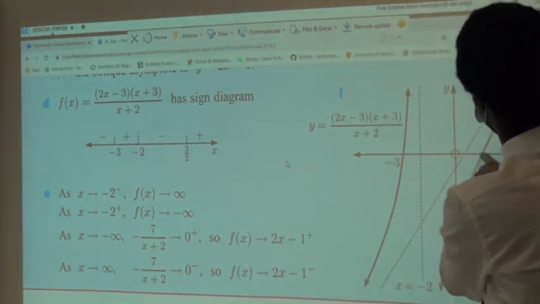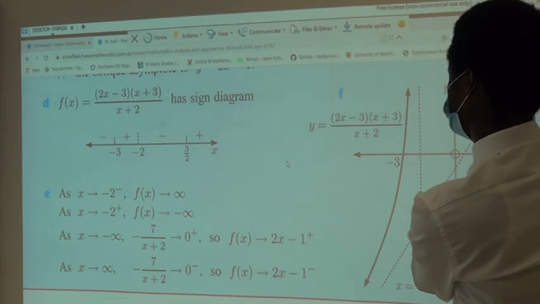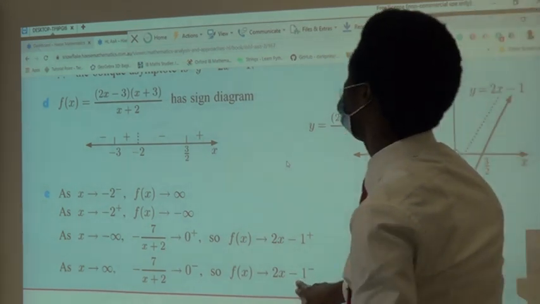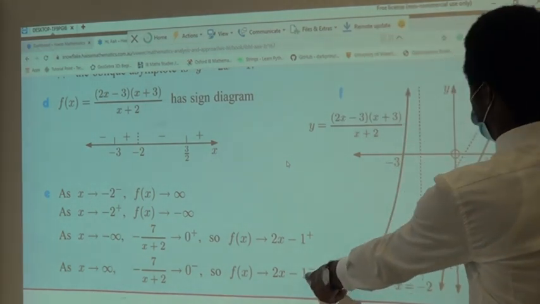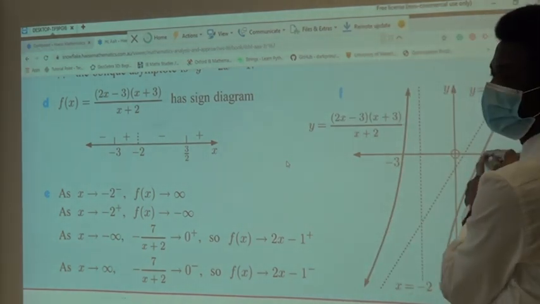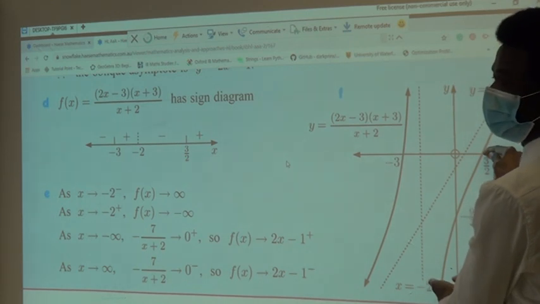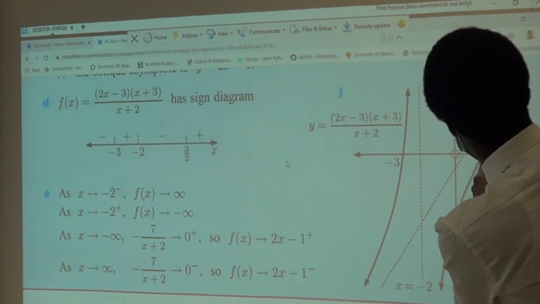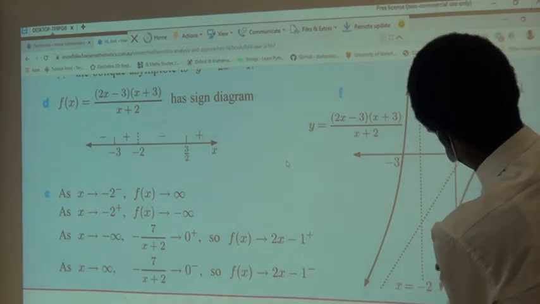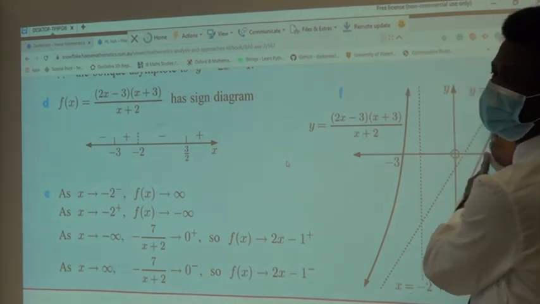Where is this function? Oh yeah, I looked at the wrong one, sorry. From below, something like this. It's approaching it from below, so it's from here. From below doesn't mean you start from here again. It means you are starting from down going up. So you just continue and extend this line, making sure it doesn't touch it.